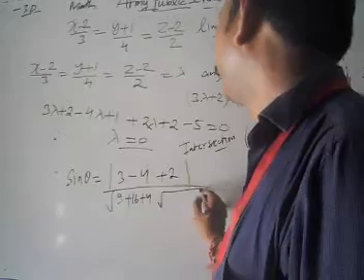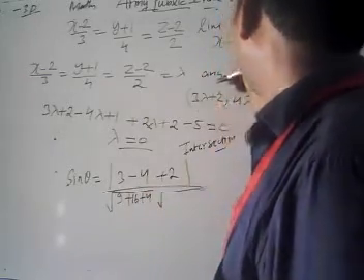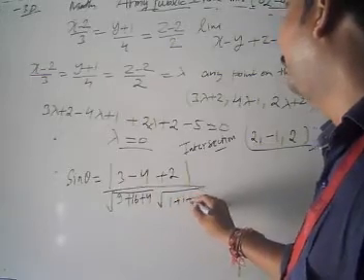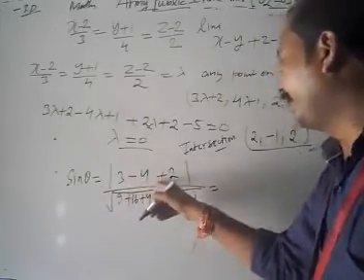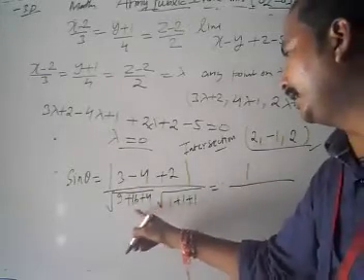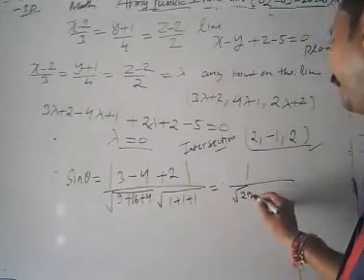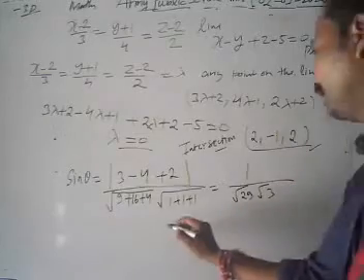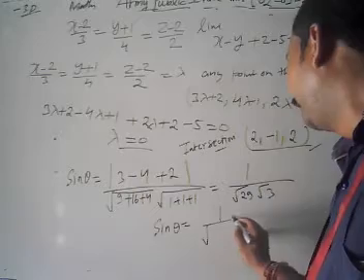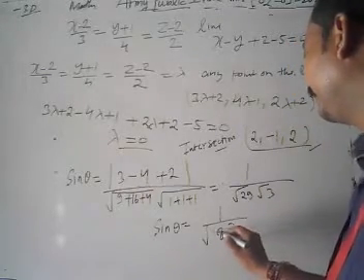Into also under root of 1, 1, minus 1 squared, so we get 1 plus 1 plus 1. Then what do we get? In the numerator 3 minus 4 plus 2 gives 1, and in the denominator under root 29 into root 3. Then our sin theta is given by 1 upon under root 87.